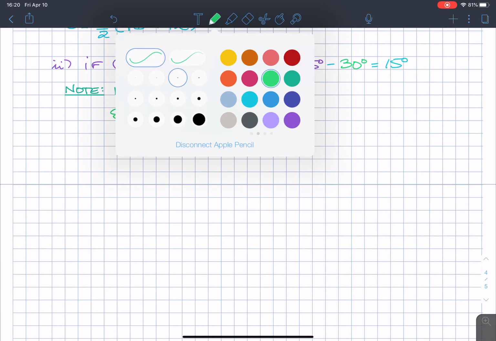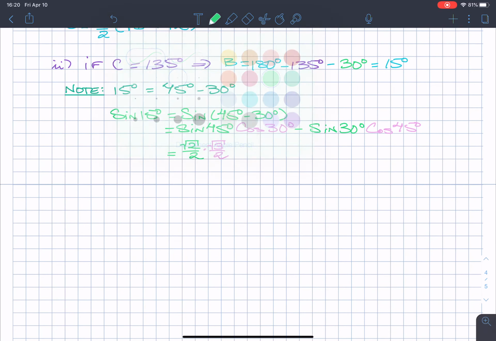So we have sine of 45 is the square root of 2 over 2. Cosine of 30 is the longer guy, so it's the square root of 3 over 2. Minus sine of 30, the shorter guy, 1/2. And cosine of 45 is the square root of 2 over 2.